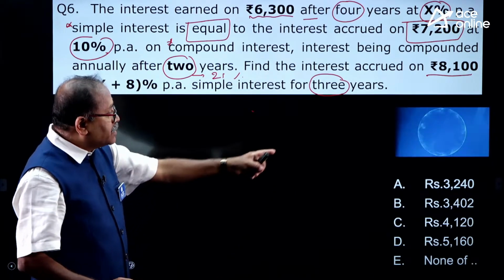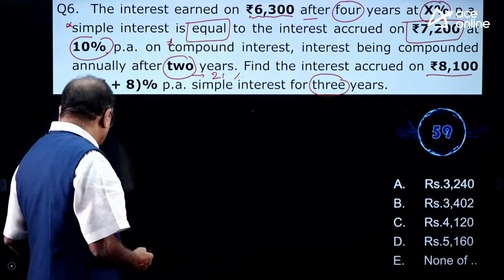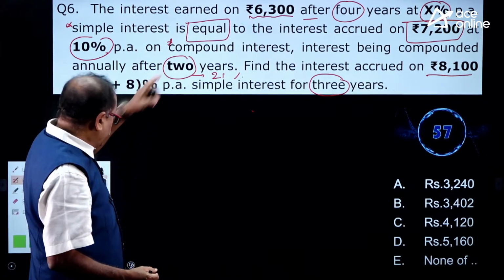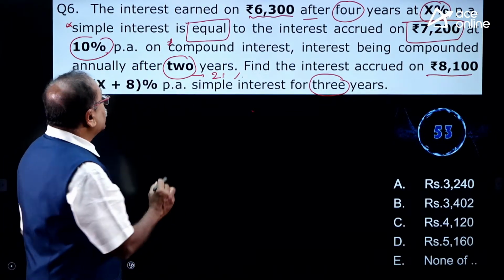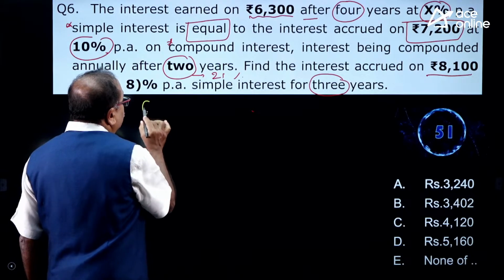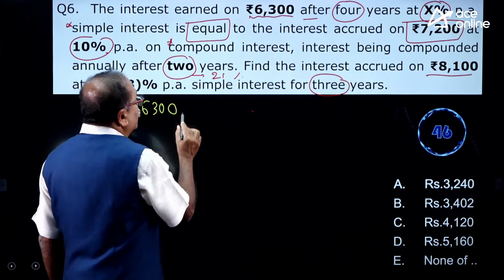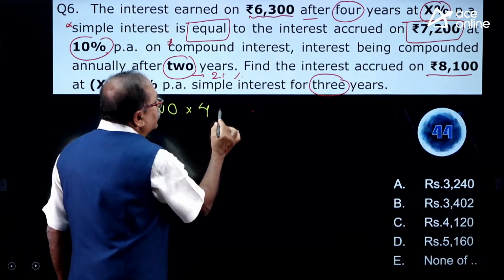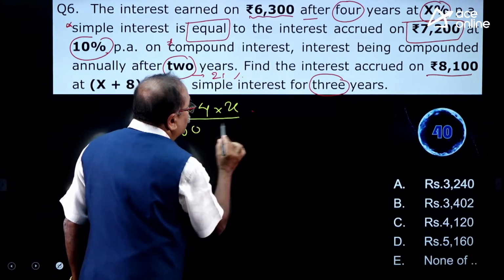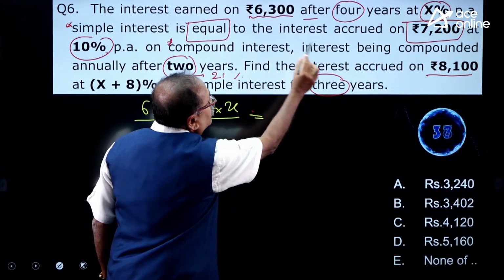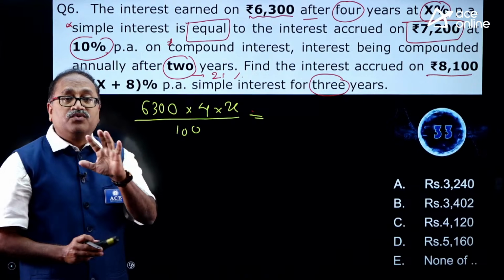Now let me give you some time to think how to start this question. So that means I can frame an equation. I will give you a start: 6300, look at this one, for how many years? For 4 years. At what rate of interest? x%. So that is x by 100, which is equal to the compound interest on 7200 at the rate of 10% per annum for 2 years.